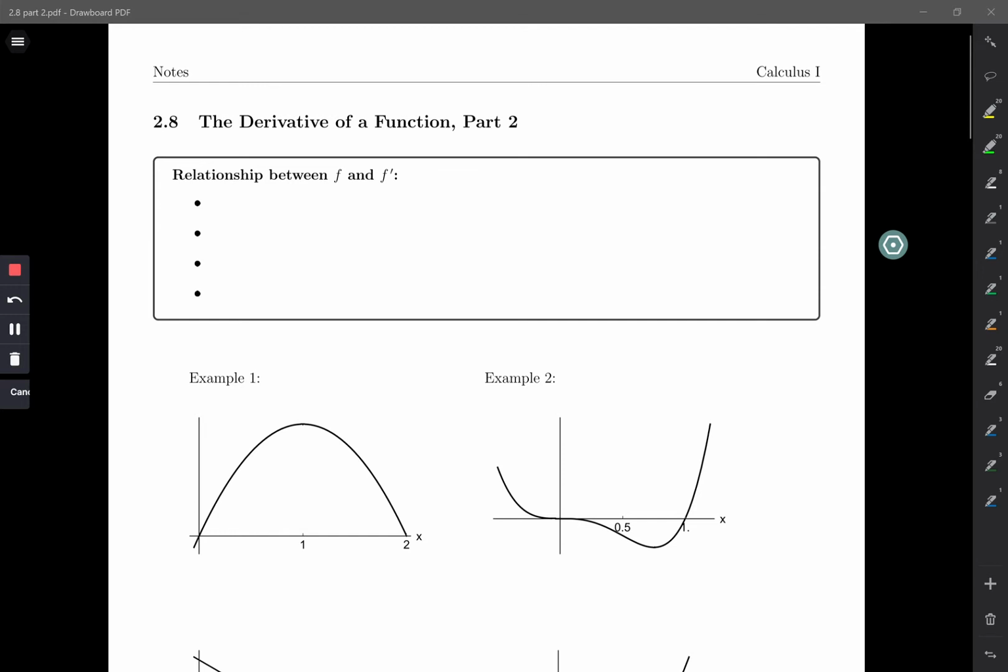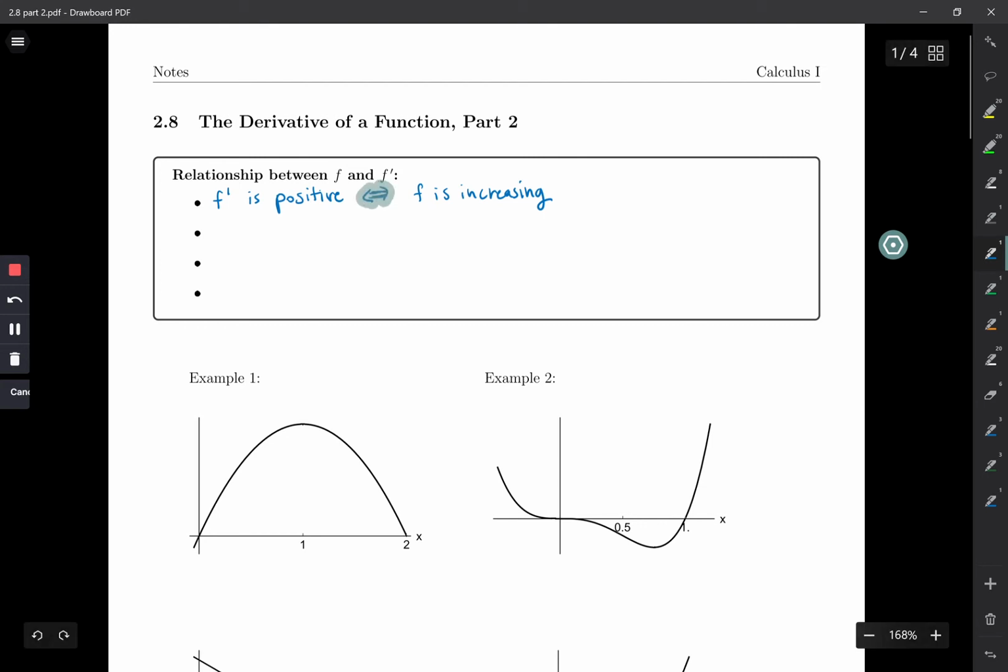So what happens is, let me grab a pen. If f prime, the derivative of a function, is positive, this means that f is increasing. And if f is increasing, f prime is also positive.